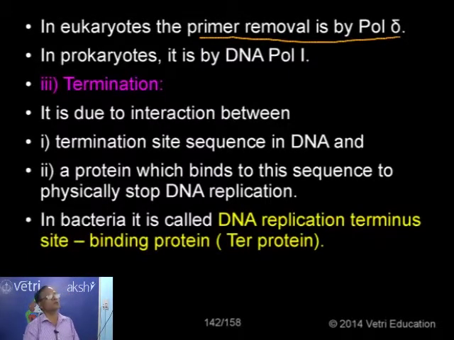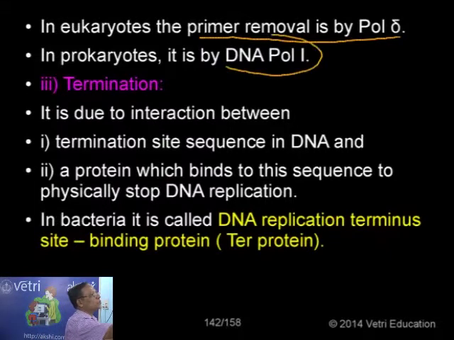This is also called proofreading, correction. Everything is done by what is called polymerase 3, so delta polymerase is also known as polymerase 3. But in the case of prokaryotes, it is done by polymerase 1, because polymerase 1 has dual activity.